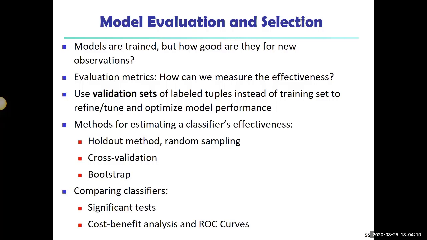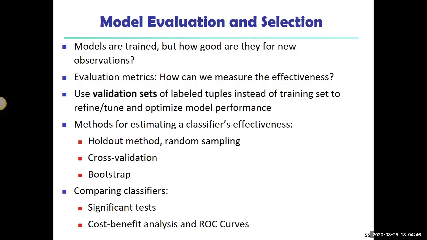There are some popular methods we're going to cover today. One is holdout, which uses random sampling, and another is cross-validation. We mentioned this a couple of times. Probably some of you are already familiar with it, and also Bootstrap. To compare classifiers, if we have trained models and want to know which works better than the other, we can do a statistical test.